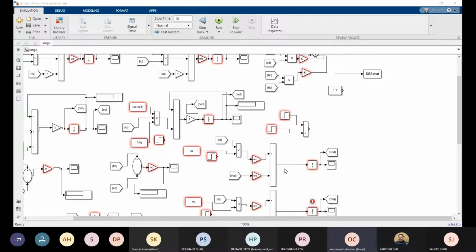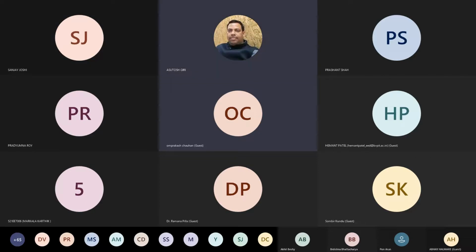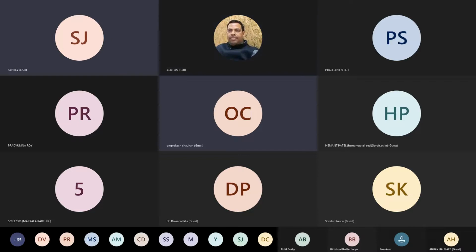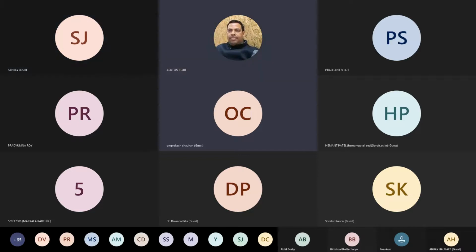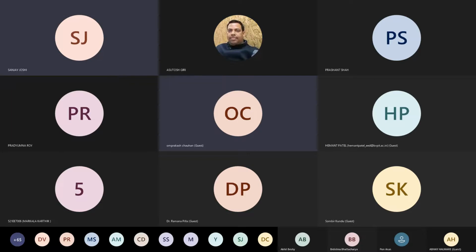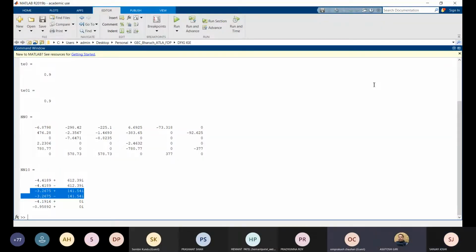Not visible, sir. I think you have to change the window. Is it now? No. Do one thing, sir. Present the entire screen, then you can change the window. I'm doing. Is it visible now? Yes, yes. Now it is coming.